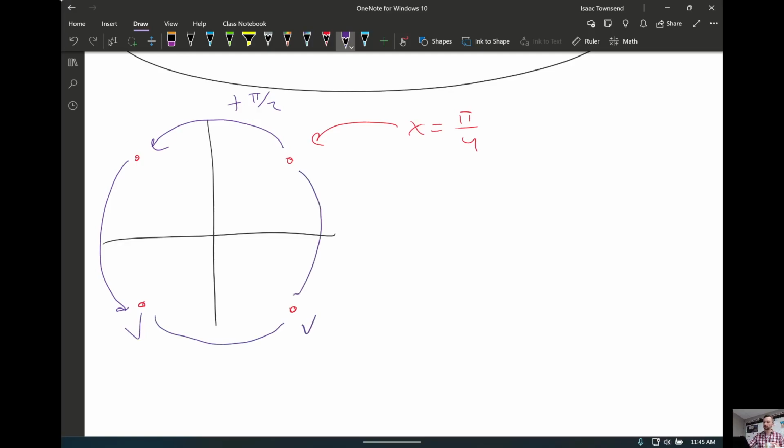If you add pi over 2 again, do you start repeating? So plus multiples of pi over 2. You could do that. Or you could do 4 statements. Pi over 4 plus 2 pi n, 3 pi over 4 plus 2 pi n, 5 pi over 4 plus 2 pi n, and 7 pi over 4 plus 2 pi n. You can do that too. It's just that if you can do it this way, it's the lazy way. It's less work to do it that way.